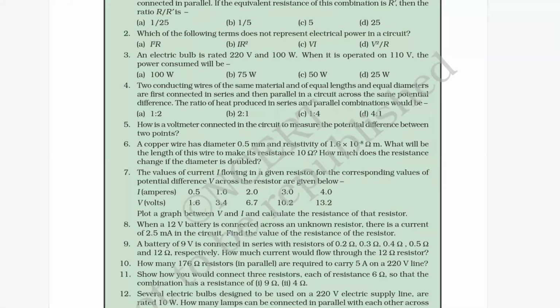Question 9. A battery of 9 volt is connected in series with resistors of 0.2, 0.3, 0.4, 0.5 and 12 ohm respectively. How much current will flow through the 12 ohm resistor?